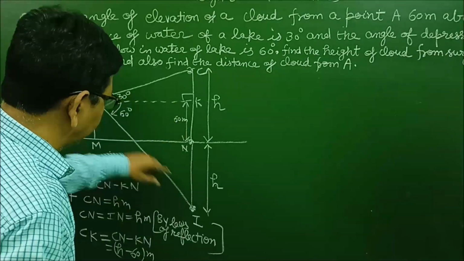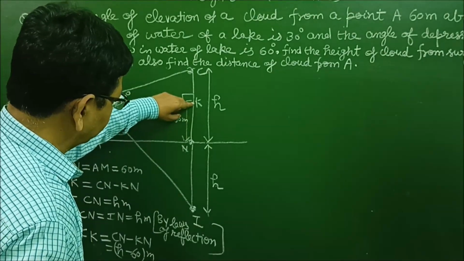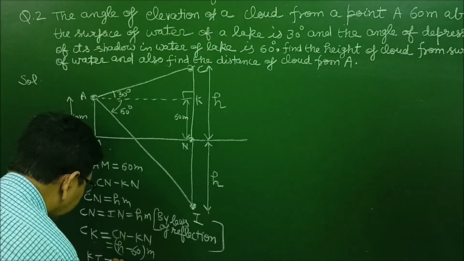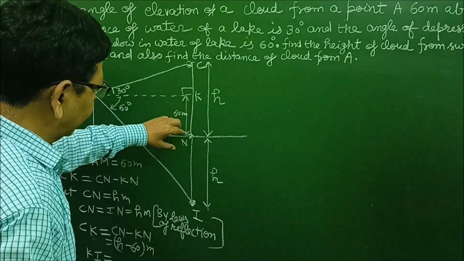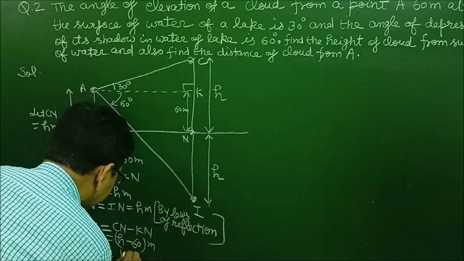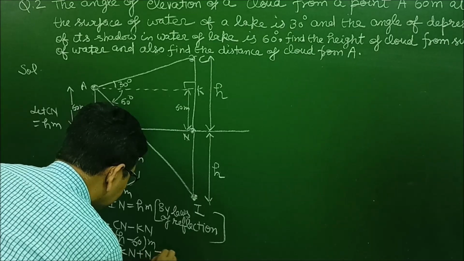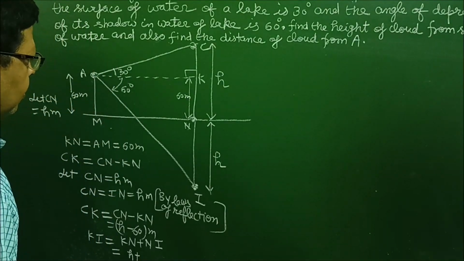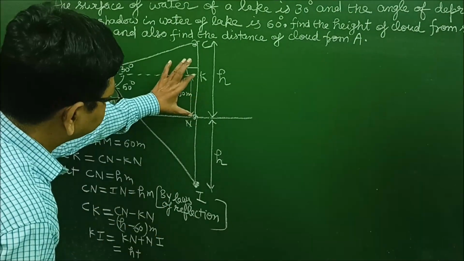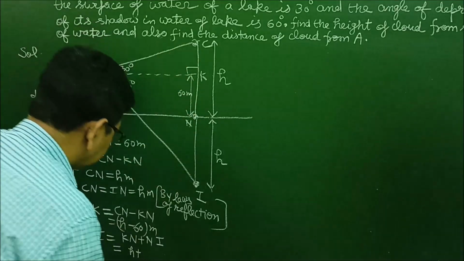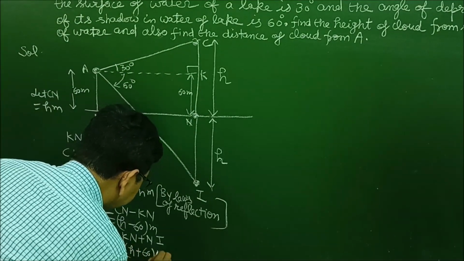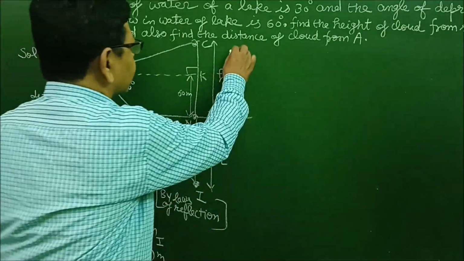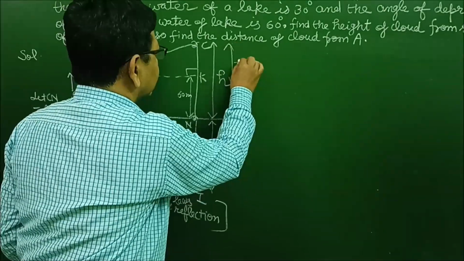And for the other triangle, when we consider the other triangle, we should also know KI. KI will be equal to KN plus NI, which is equal to H plus 60, that is KI is equal to H plus 60 meters. So we have now got the value of CK, which is H minus 60.